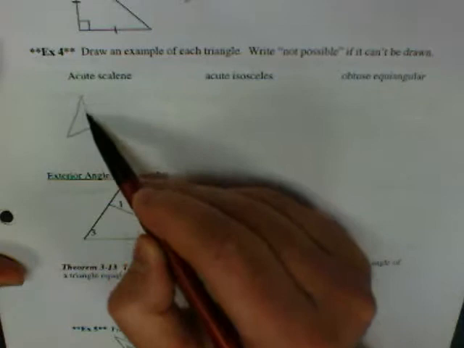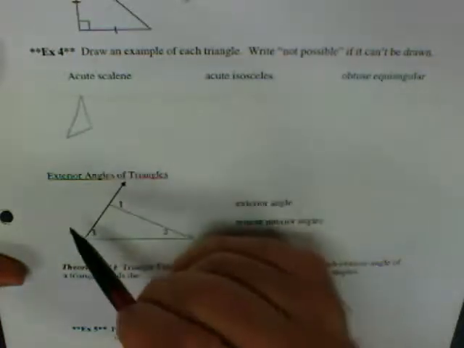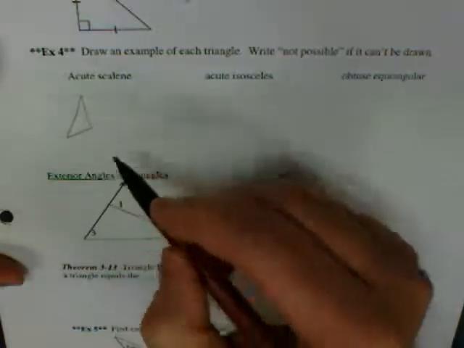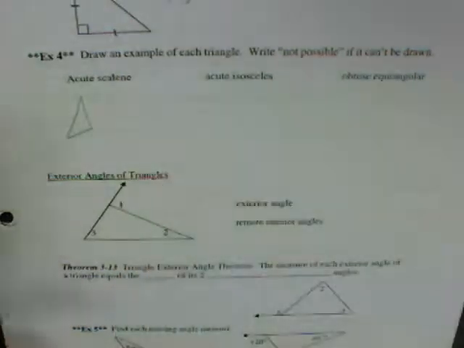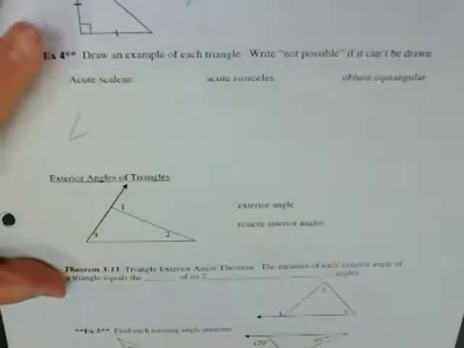So we want this to be shorter. You want that to be shorter. In fact, that's not even that great here because that's very close to being 90. So you need to draw something that is less than 90 degrees. So let's see if we can do a better job on that last side.